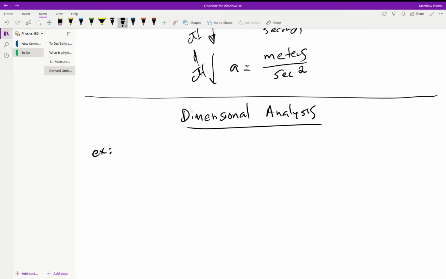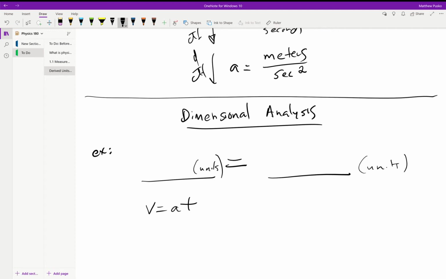Basically, if you have an equation, the stuff on the right hand side better have the same units as the stuff on the left hand side. Otherwise we can't say they're equal. We can't have meters on the left and years on the right. We have to have meters on the left and meters on the right, or years on the left and years on the right.